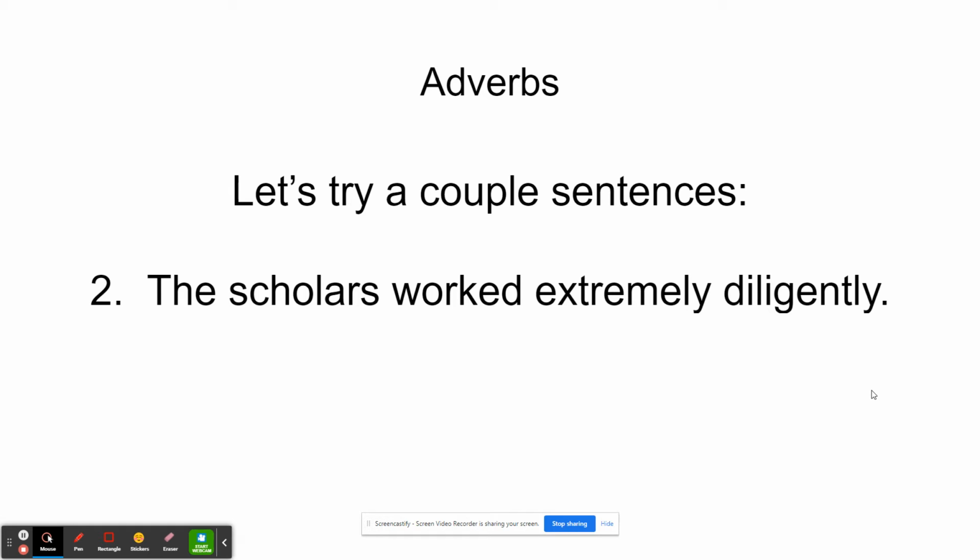Think. What action? Who or what did that action? Then, scholars, think: worked how, one word, worked how. Then think how diligently.